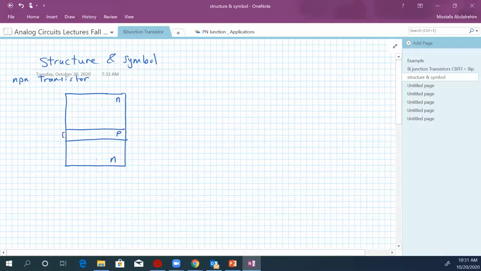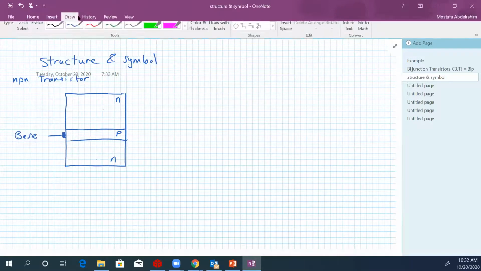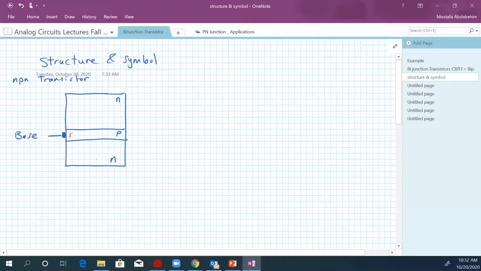One terminal here from this very thin region, and this terminal is called the base. So this is called the base.